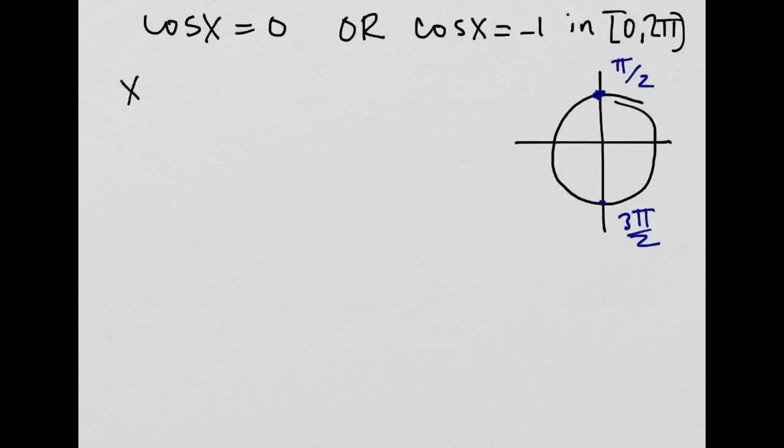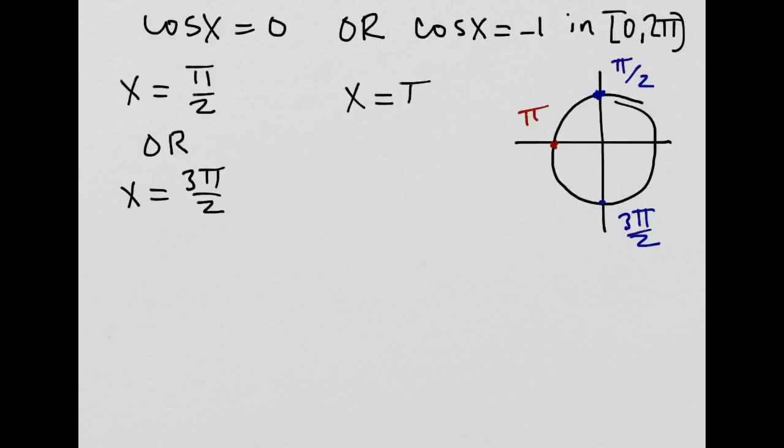So the first equation gives x equals pi over 2 or x equals 3 pi over 2. Cosine x equals negative 1 has exactly one solution in the half-open interval from 0 to 2 pi, namely at pi. So cosine x equals negative 1 gives x equals pi.